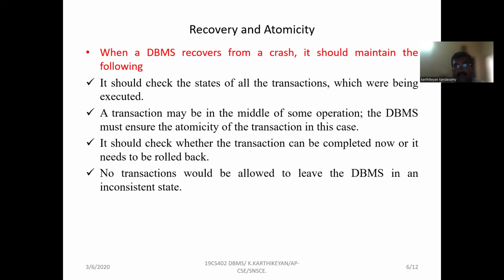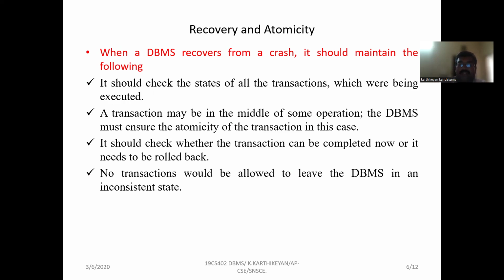Recovery and atomicity are most important in a database management system because it should check the status of all transactions being executed, whether a process has completed or not. A transaction may be in the middle of some operation. The DBMS must ensure the atomicity of the transaction in these cases.